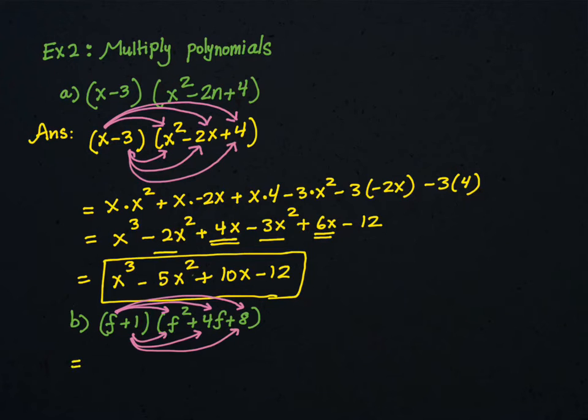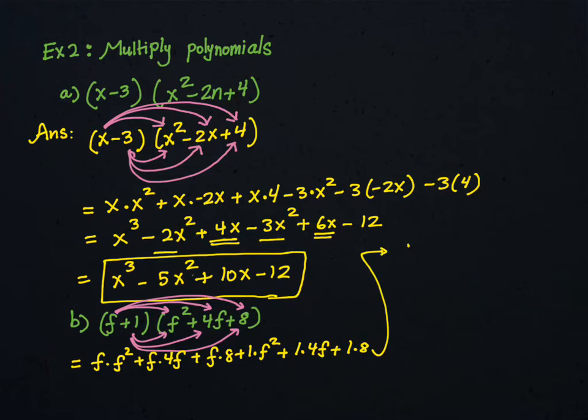Okay. f times f squared, f times 4f, f times 8, 1 times f squared, 1 times 4f, 1 times 8. f times f squared is f cubed, 4f squared, 8f, f squared, 4f plus 8.